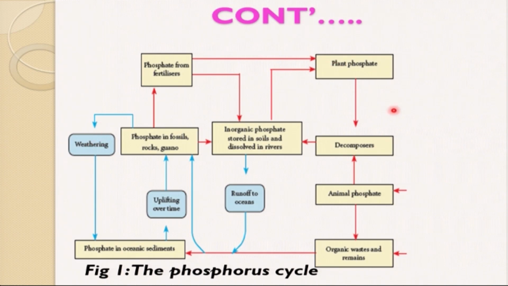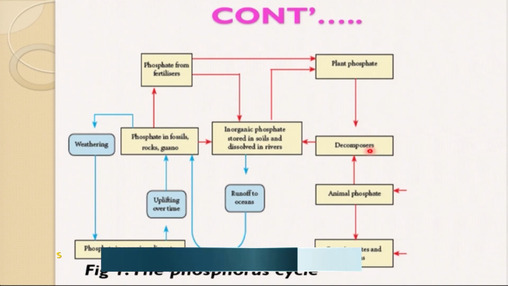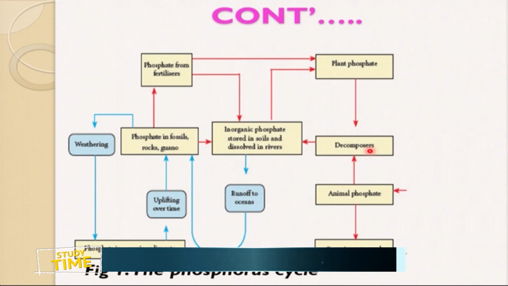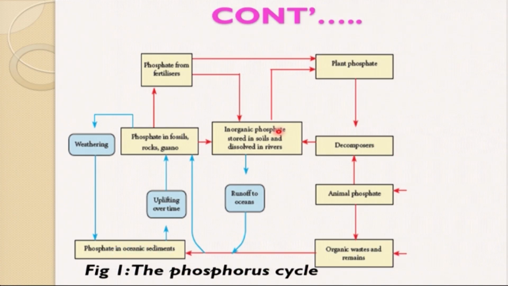We have another process, decomposition. I said decomposition involves converting organic phosphate into inorganic phosphate, which is stored in the soil. This is done by bacteria. Take an example: plants and animals die, and they will decompose.